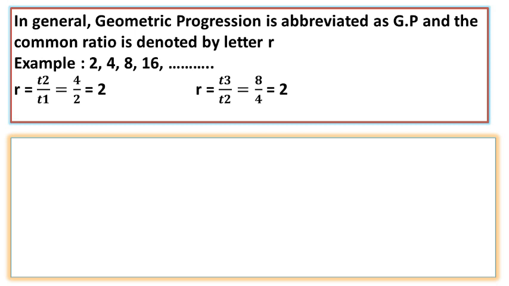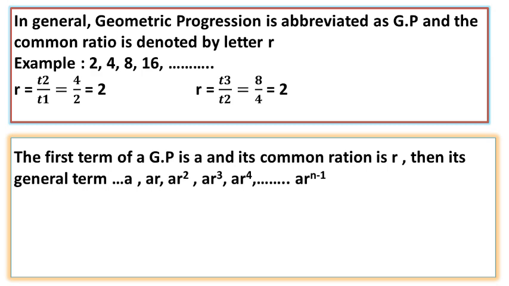Let us consider the first common ratio as T2 by T1, that is 4 by 2, which is equal to 2. The other common ratio between the other two terms, T3 by T2, that is 8 by 4, is equal to 2. As both the common ratios between the terms are the same, we can say that the terms 2, 4, 8, 16 are in GP.